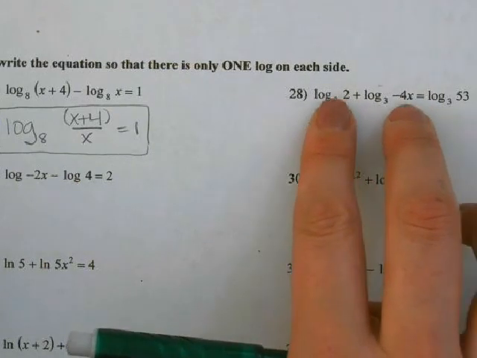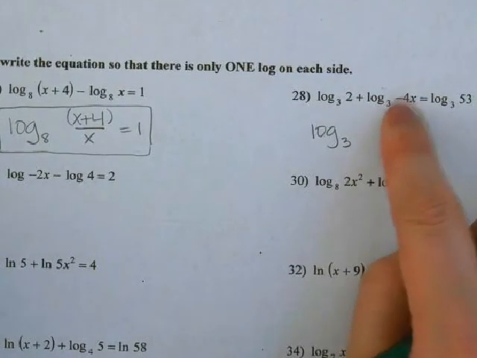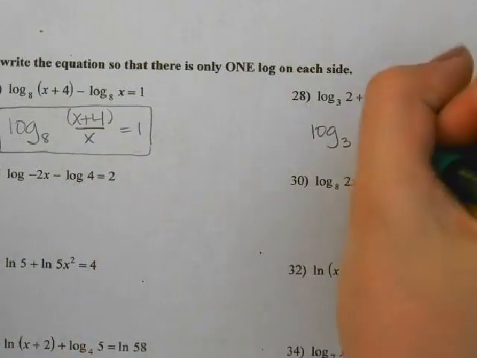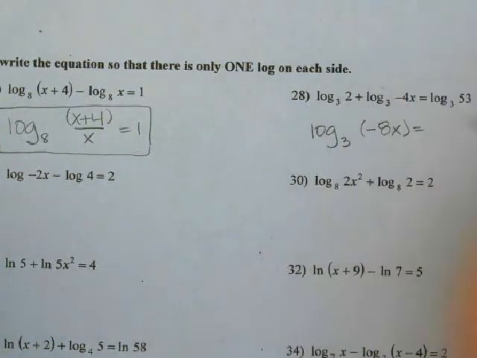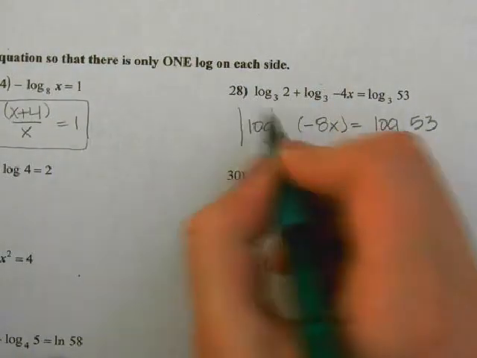So when we multiply them, what do we get? When you do negative things, they kind of throw you off a little bit. So 2 times negative 4x is negative 8x. So it's log base 3 of negative 8x equals log base 3 of 53. And that's it. We're not actually solving it. We're just getting it there. 1 log on each side.